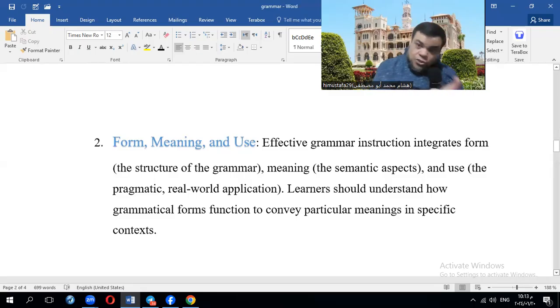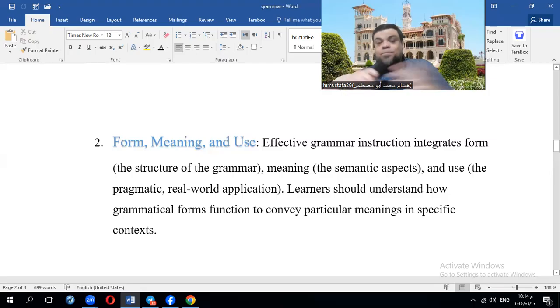So when I teach grammar, I should integrate it with the semantic aspects. What are the semantic aspects of this structure? When should we use this structure? And use, the pragmatic real-world application. Learners should understand how grammatical forms function to convey particular meanings in a specific context.